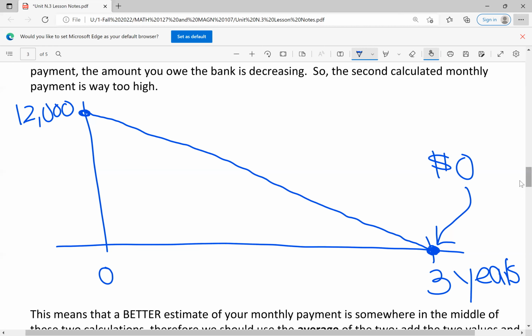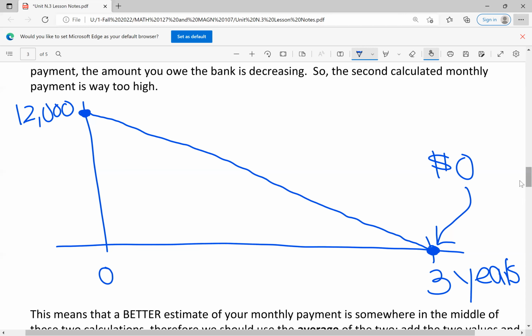It is 0. So this is why we do not want to use the simple interest formula of $12,000 times our interest rate of 5% for the entire 3 years. Because notice, I started with $12,000, but we ended with $0.